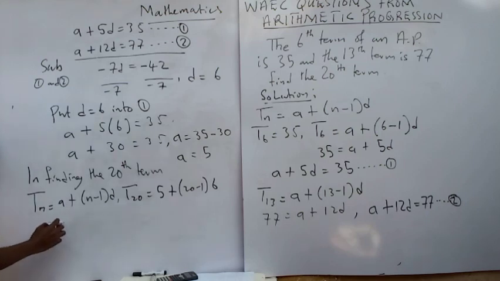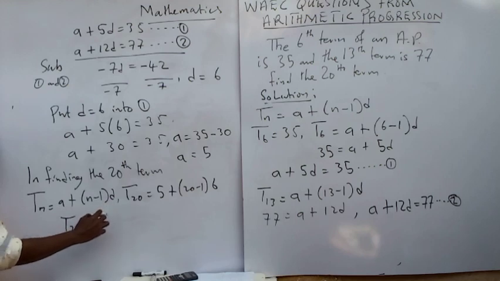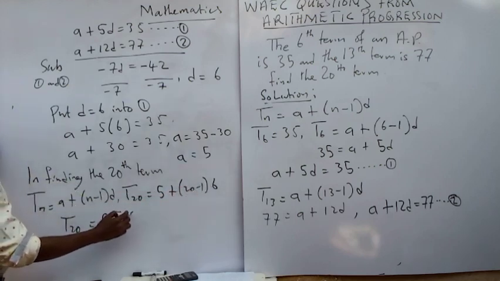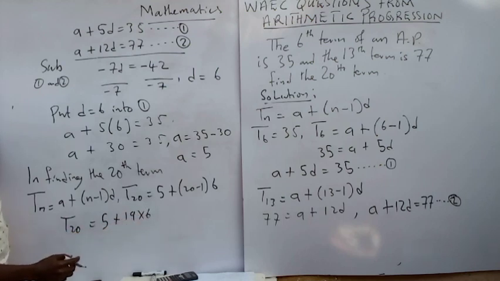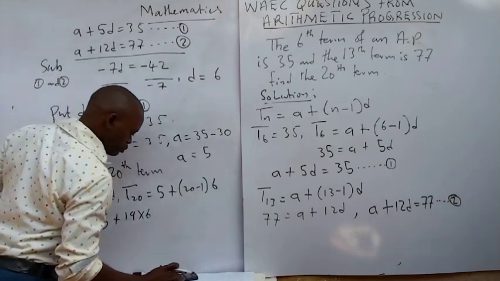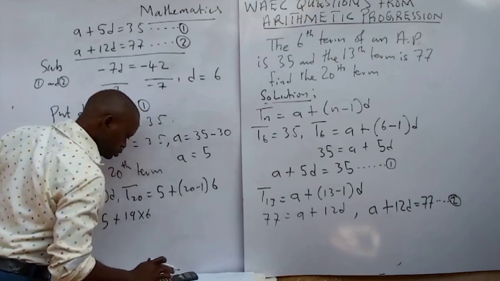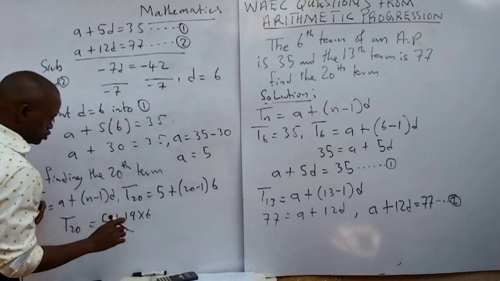So T20 is equal to 5 plus 19 times 6, and by my calculation 19 times 6 is equal to 114.